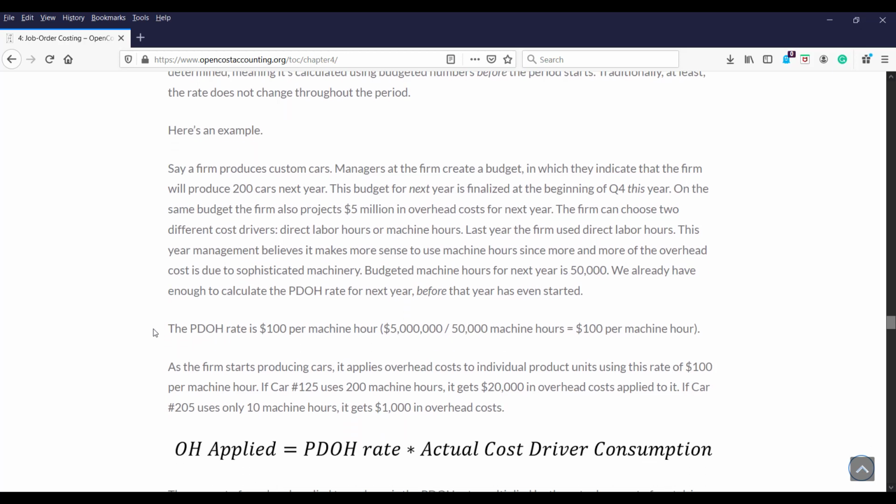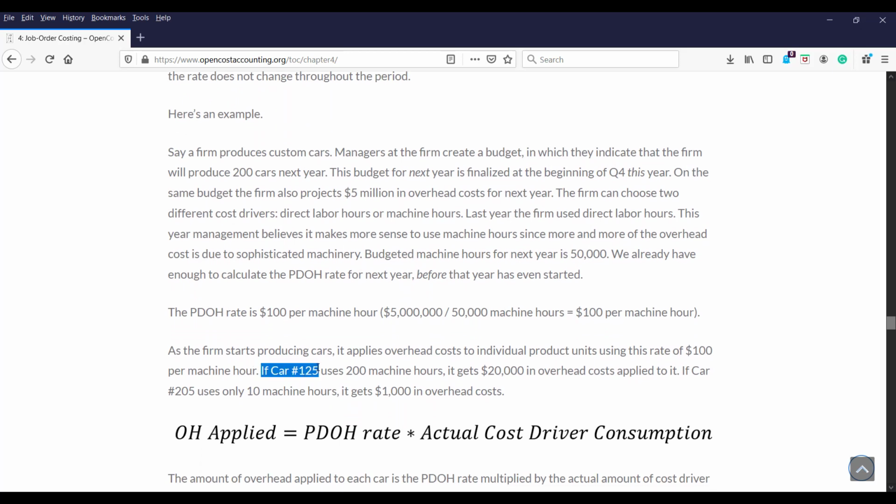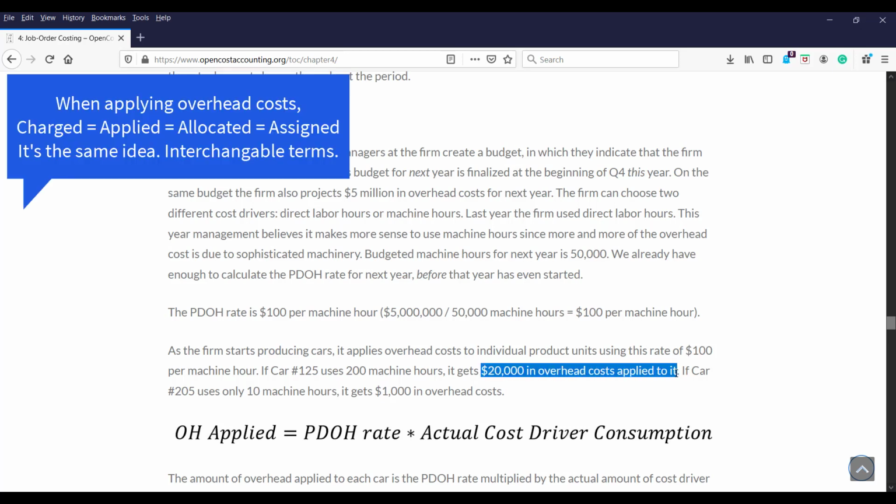So we have an individual car, it's a custom car number 125, and it came across the assembly line, and as it came across, it used 200 machine hours. We had to devote 200 machine hours to it. And so because of that, because it incurred that much of the cost driver here that we determined, we're going to charge it that 200 machine hours times $100 PDOH rate to get $20,000 in overhead costs that we're going to charge car 125.